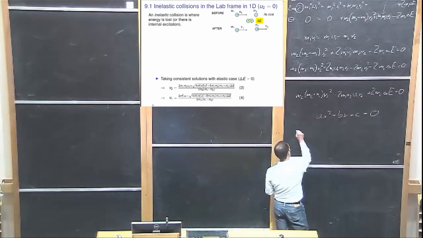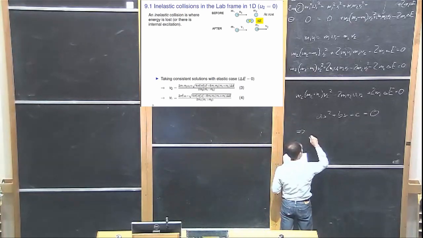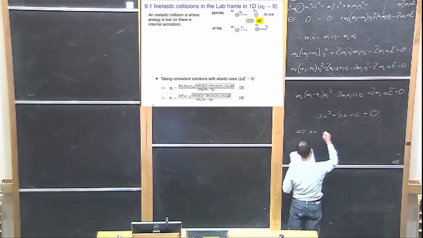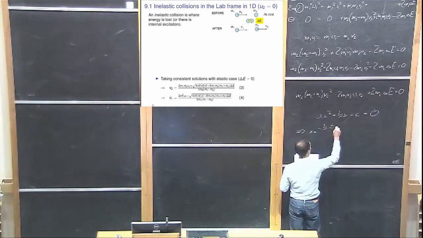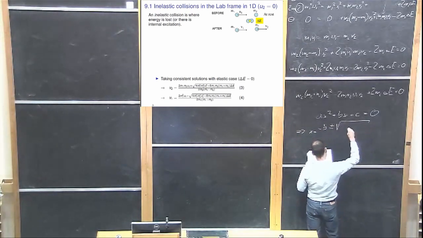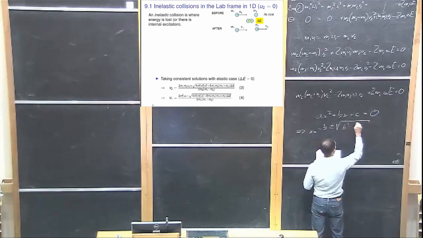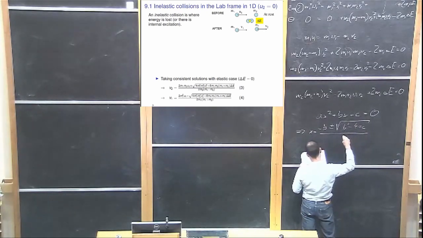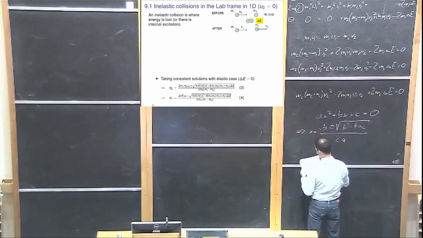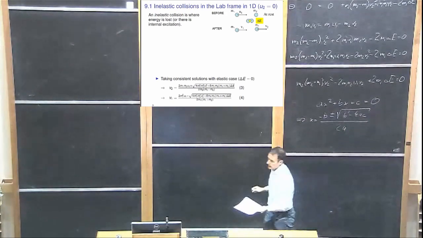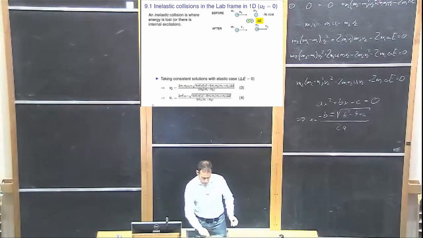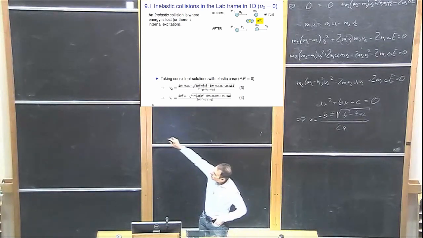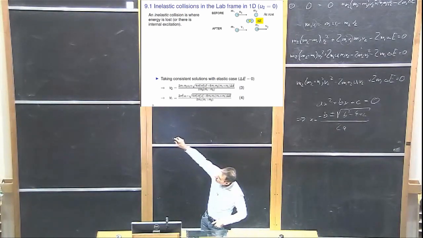So you have to know that the solution is x equals minus b plus minus the square root of b squared minus 4ac over 2a. And that's how you arrive at those terms down here, equation 3 and equation 4.